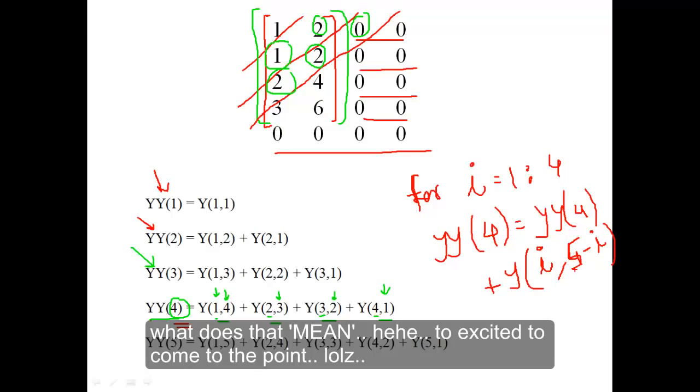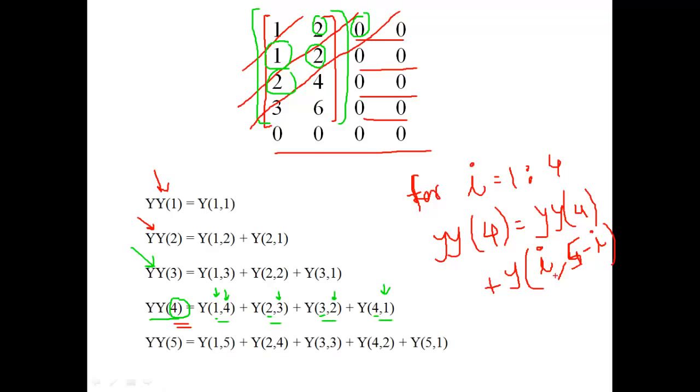What does that do? When i is 1, you get 1 comma 5 minus 1, which is 4, your first term. When i is 2, you'll have 2 comma 5 minus 2, which is 3. Second term, third term, fourth term.